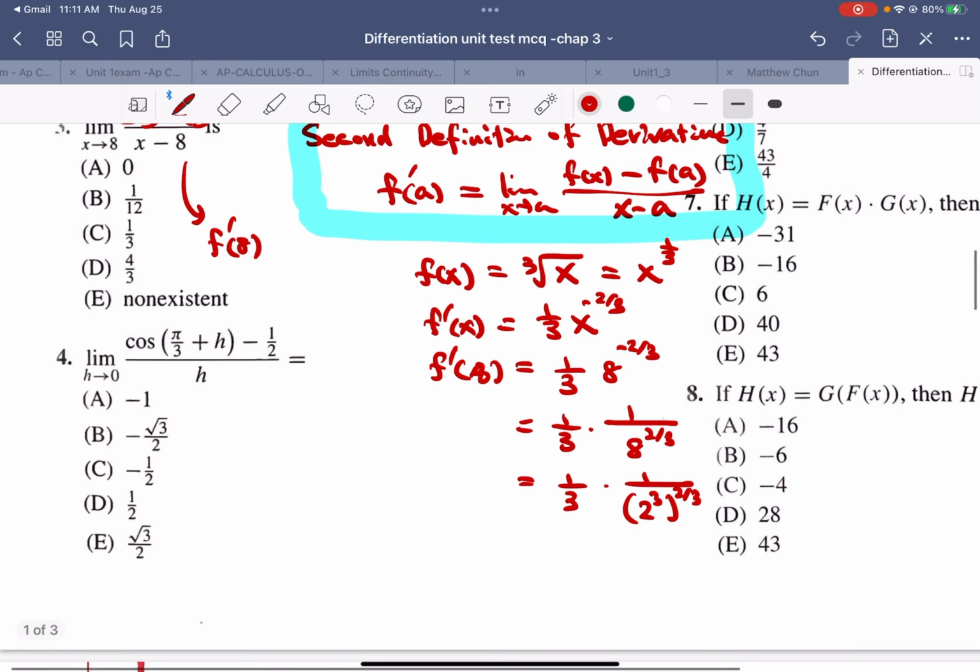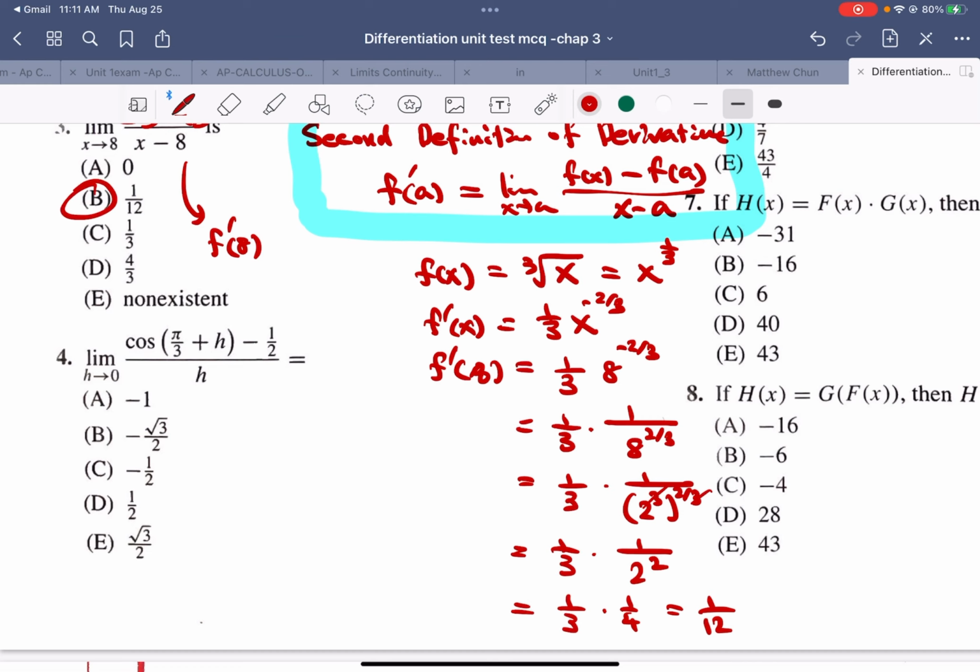There are many ways you can do it, but I prefer this way. When you multiply exponents, 3 times 2/3 is second power, so 1 over 2 squared, because the 3 cancels out. So 1 over 3 times 1 over 4 is 1 over 12. So B is the answer.